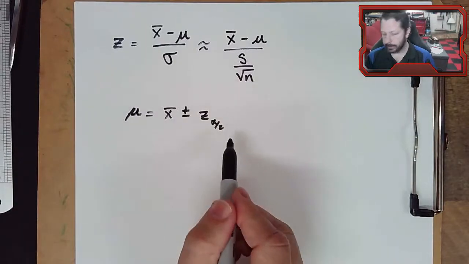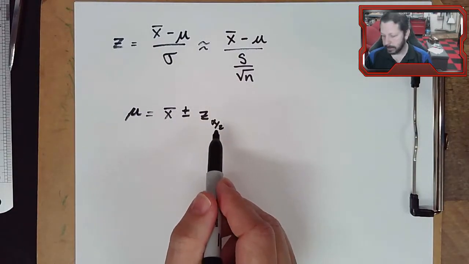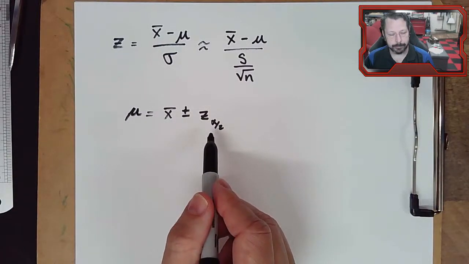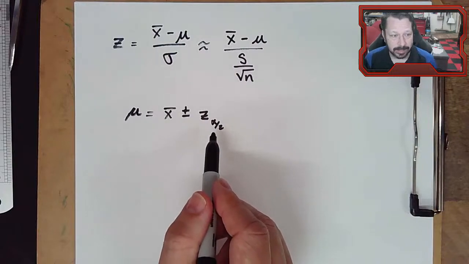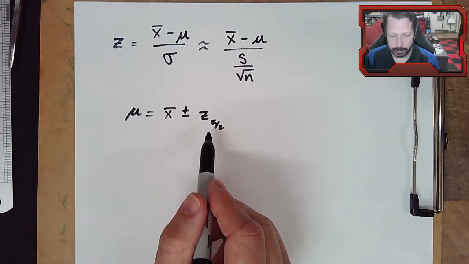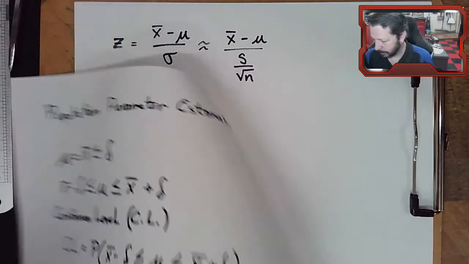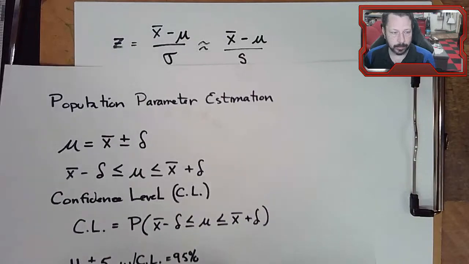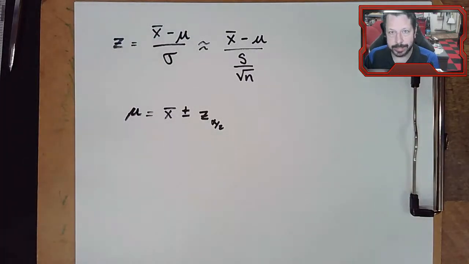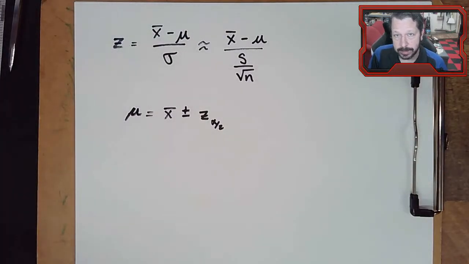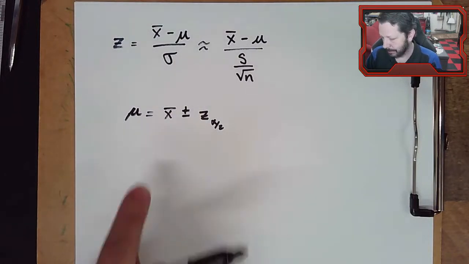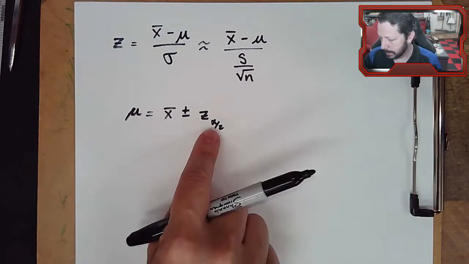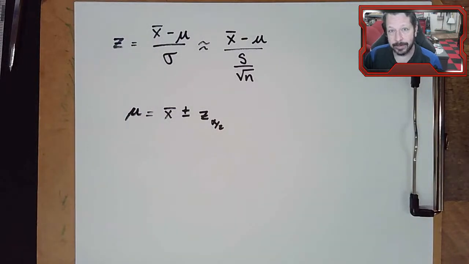So you have to decide what your alpha is, your level of significance, which if you remember, we just talked about confidence level over here. Confidence level is 1 minus alpha. So alpha is the other side of it. If you're 95% confidence, then your level of significance alpha is 5%. And this is alpha over 2. So we're only looking at half of the Z chart.